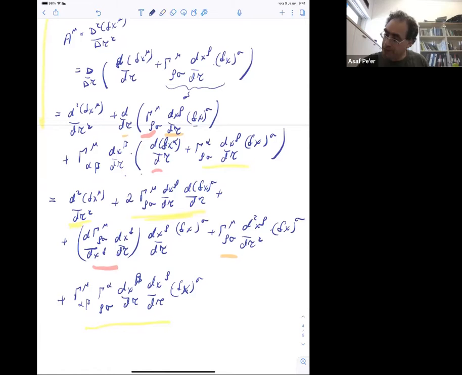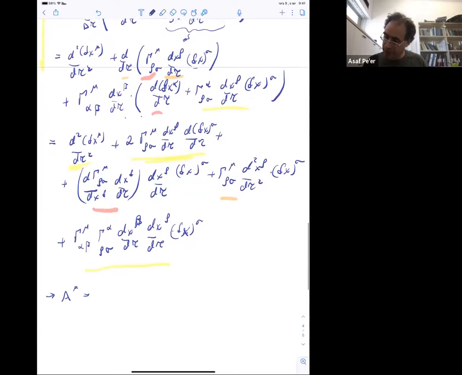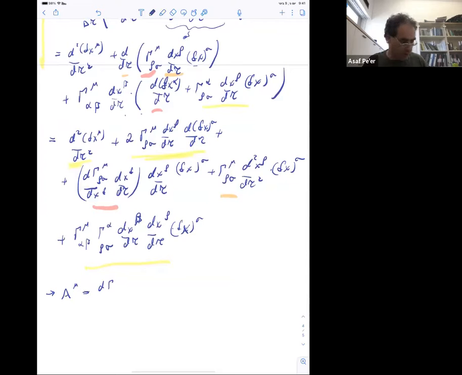So I ended up writing that a mu is just, let's start with this term. So this term here is just d gamma mu rho sigma over dx delta, and then dx delta over d tau times dx rho over d tau times delta x sigma.